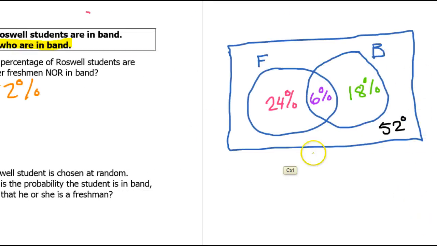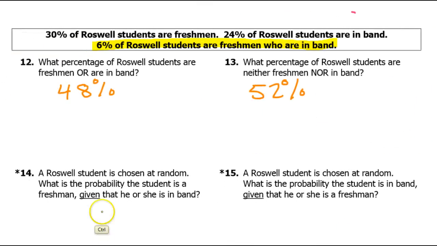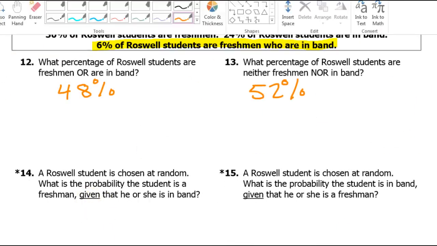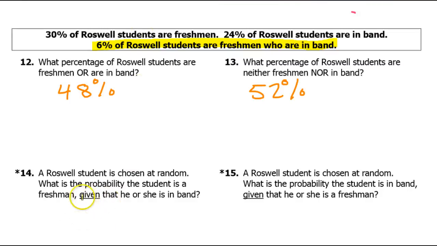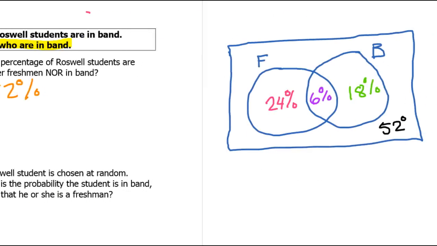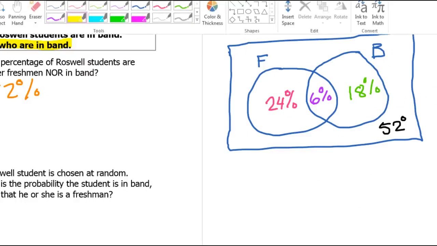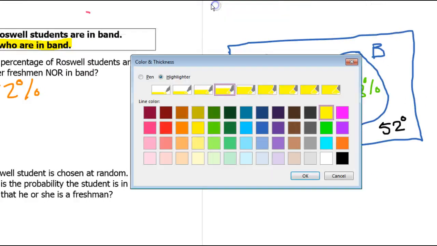For starters, the universe is this entire rectangle. But what are we given? We are given that he or she is in band. So once we are given band, we can really cross out everything that is not band.